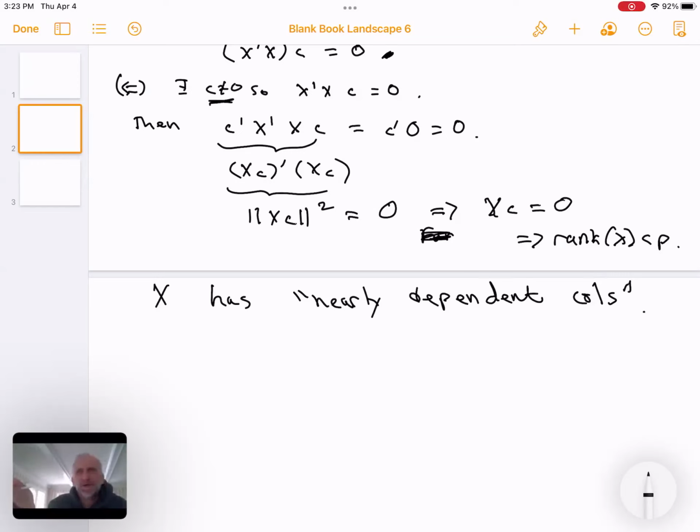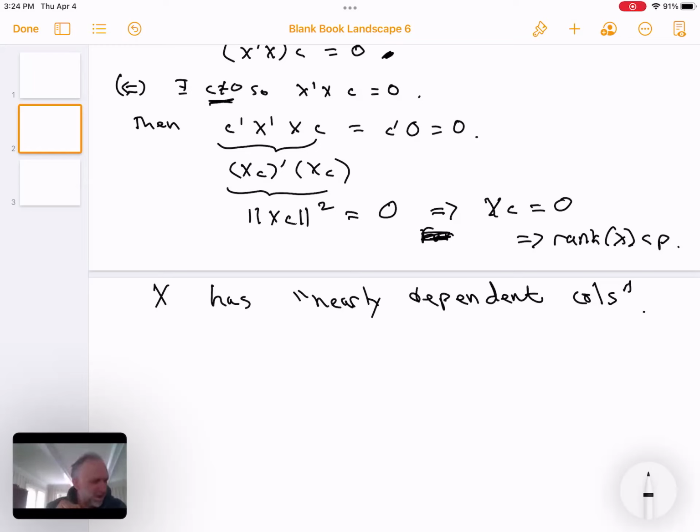I could find a linear combination of the columns that comes close to 0, without multiplying every column by 0. So in other words, I can almost satisfy that definition that there's a vector c such that xc equals 0, but it's not quite 0, but it's very close.